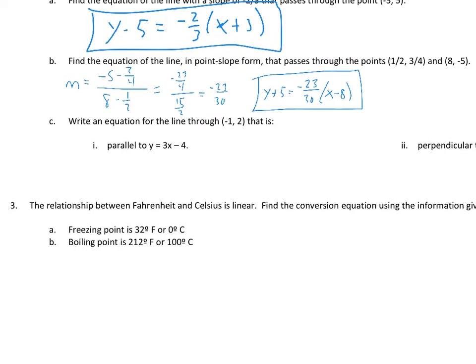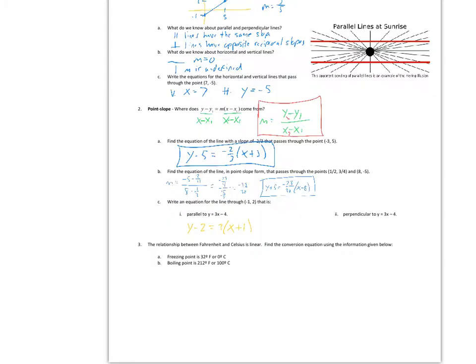Part C, write an equation for the line through negative 1, 2 that is parallel to that. So if it's parallel, we talked about earlier how that means they have the same slope. So if they have the same slope, and we know the point, we just do y minus y1 equals slope times x minus x1. And that's it. That is point slope form.